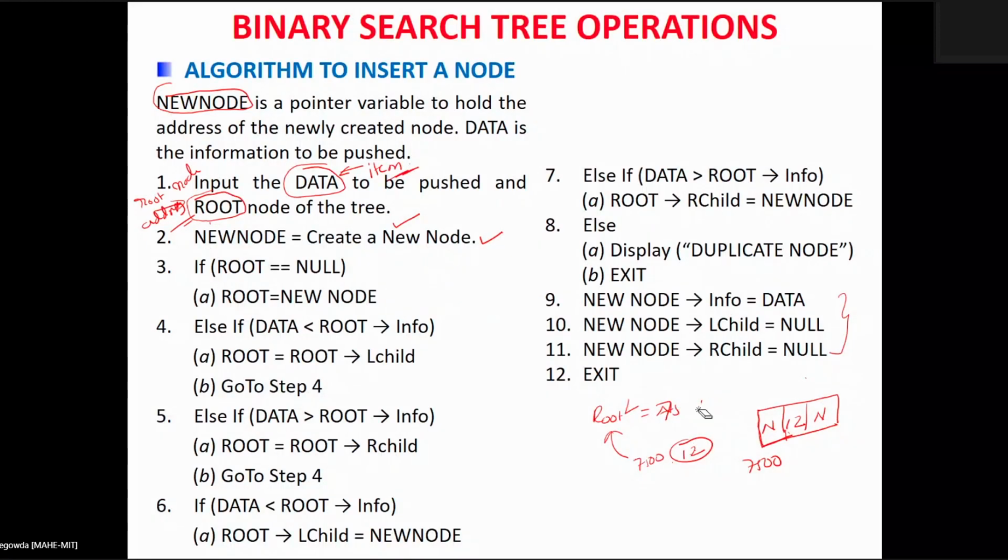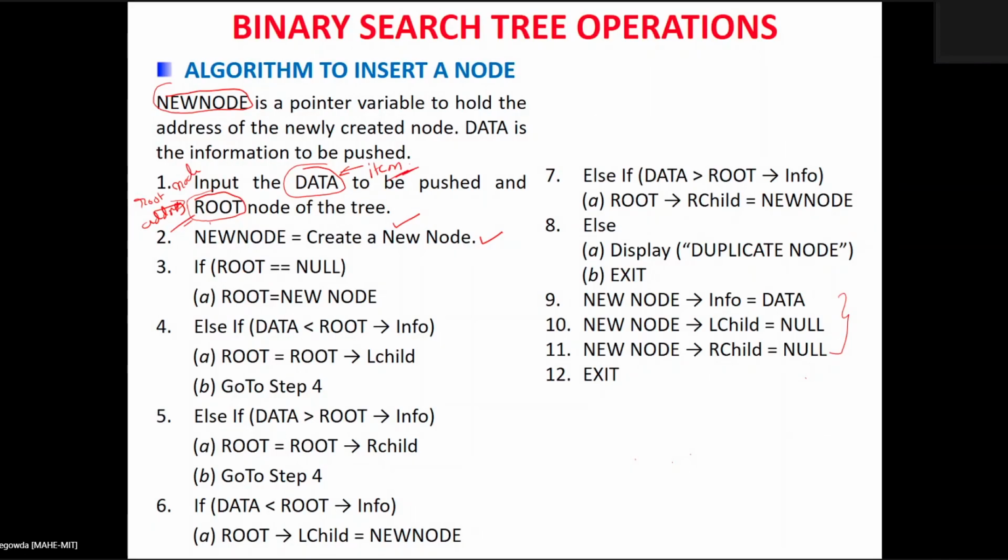Suppose the binary tree already exists. If the root is not equal to null, it is understood that there are some nodes in the binary search tree. Say for example, I have 20, 12, 36, 15, like that.